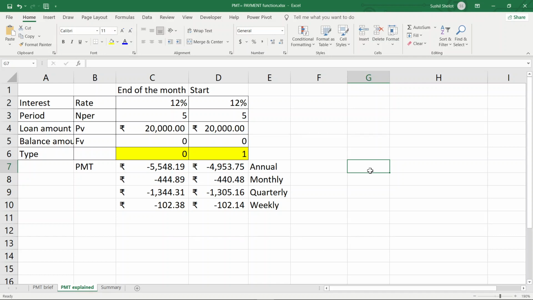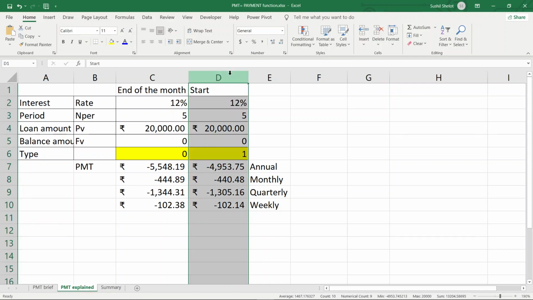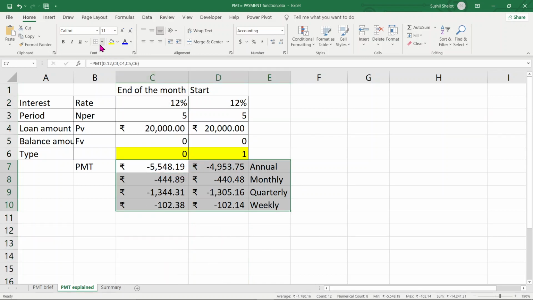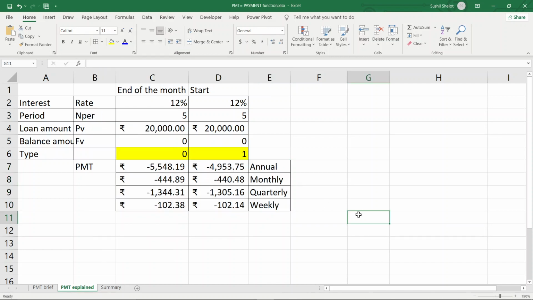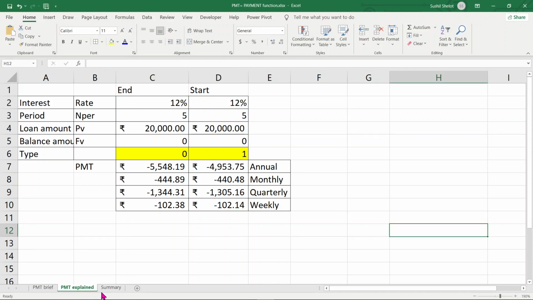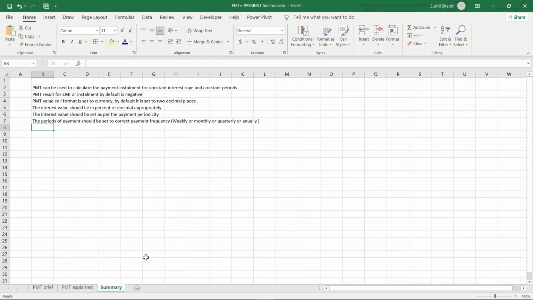Those are what we are seeing in the cell D. And if it is at the end of the period, what it shall be. So there it is. We can very well see in this table that the values do vary for the repayment start and repayment end of the month or end of the tenure. Fine. This is what I wanted to explain you. Let us go to the next tab and summarize the things those we have learned.